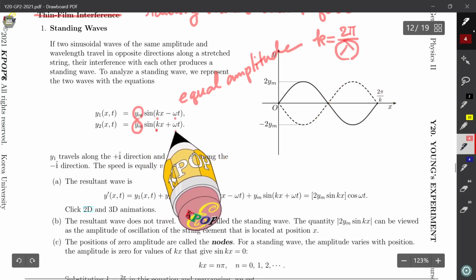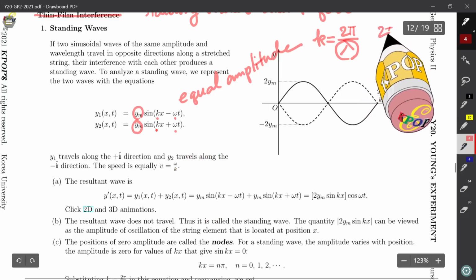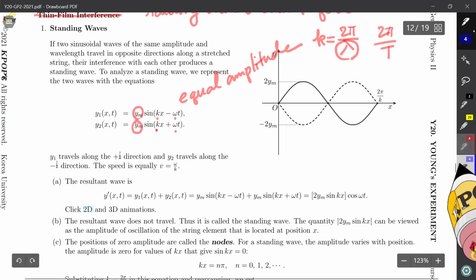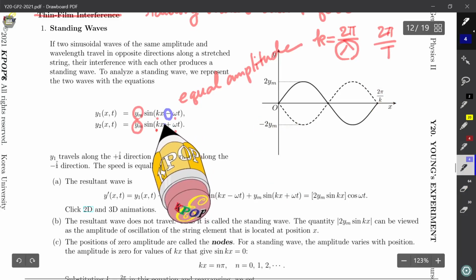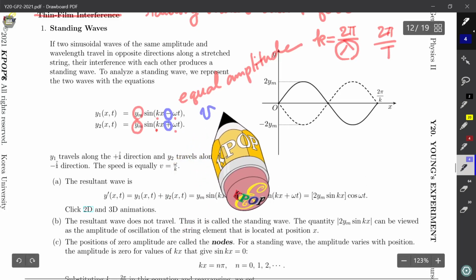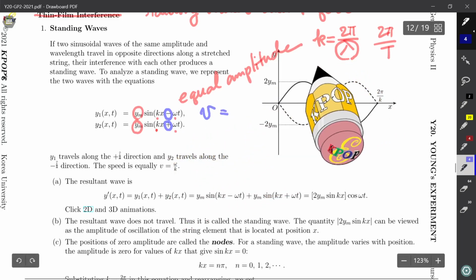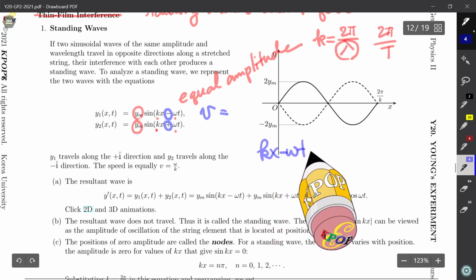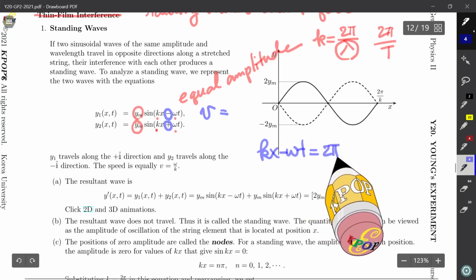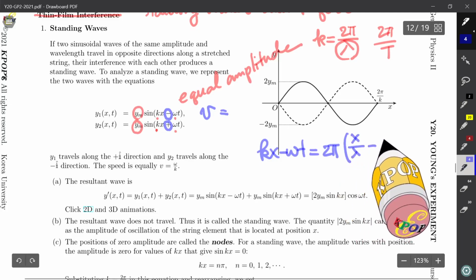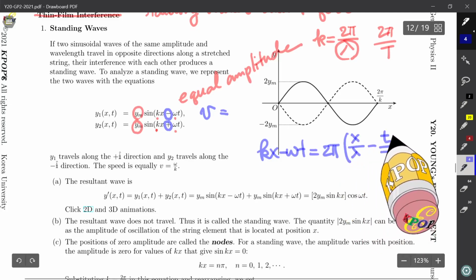Omega, frequency, and period are the same. However, we have a different sign in front of omega t. The first wave is, we know, kx minus omega t. Kx minus omega t is usually written in the form 2 pi times x over lambda minus t over period.